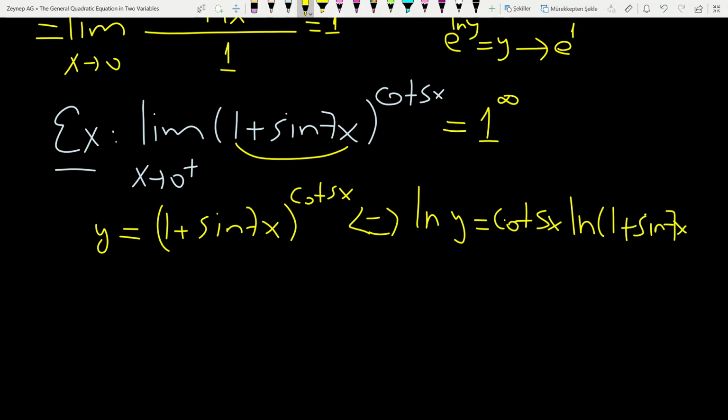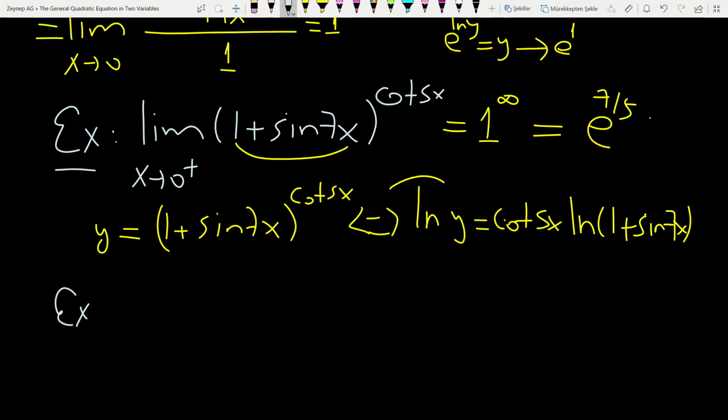Again, instead of looking at the limit of the left hand side, we look at the limit of the right hand side, when x tends to 0 from the right. I don't want to go into details again, but if you go further, you will see that the result of this limit is e to the power 7 over 5. It is the idea. I only want to give the idea.